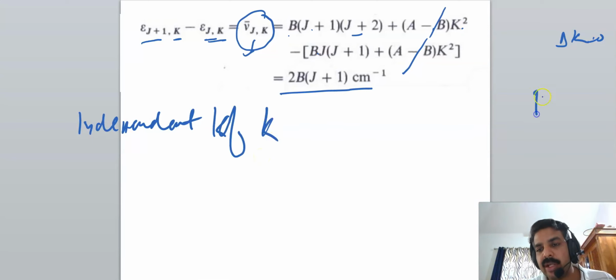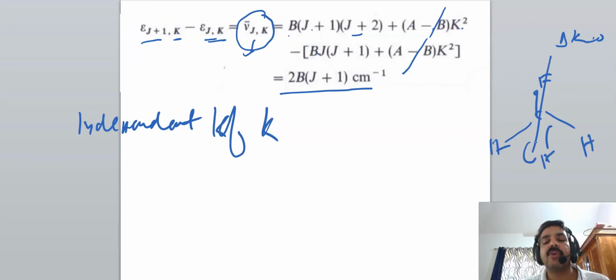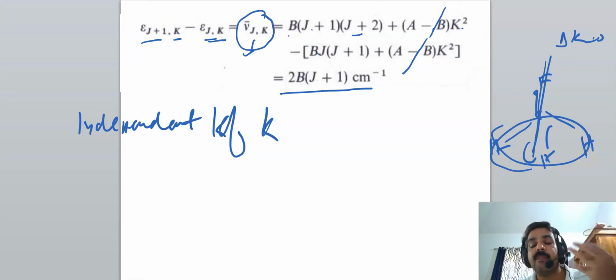That is, rotation about the CF axis, or the principal axis, does not bring about the spectrum. Rotation about this axis, the spinning of the molecule, does not bring about the spectrum, because by spinning like this there is no change in dipole moment perpendicular to the axis, so light cannot be absorbed.